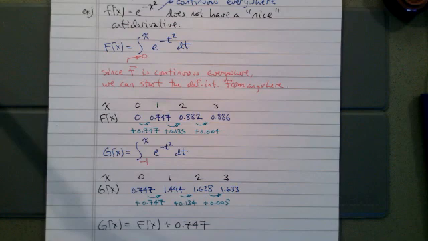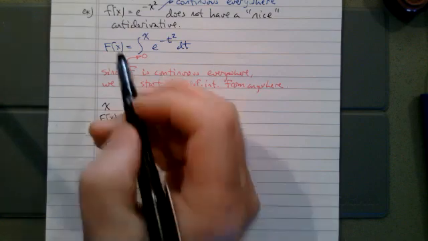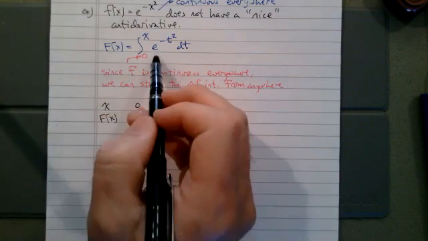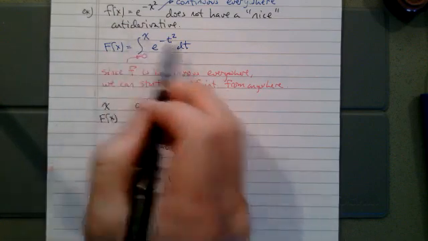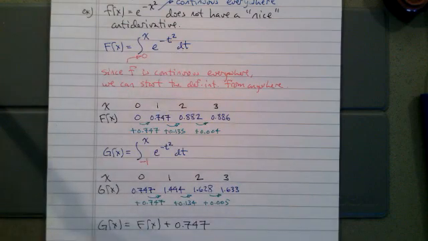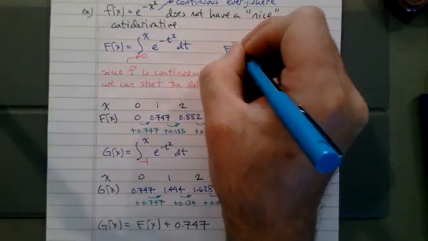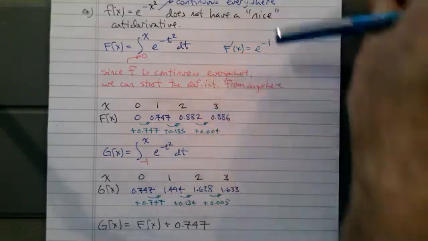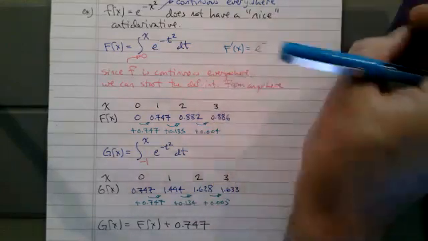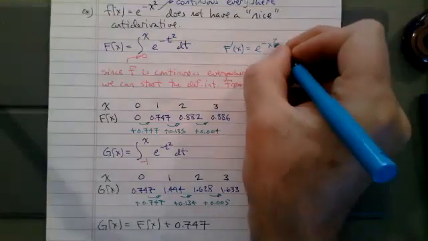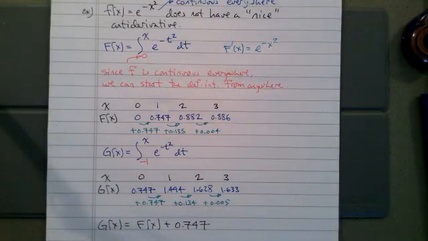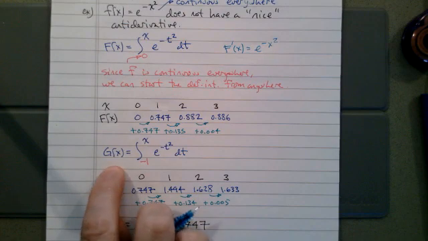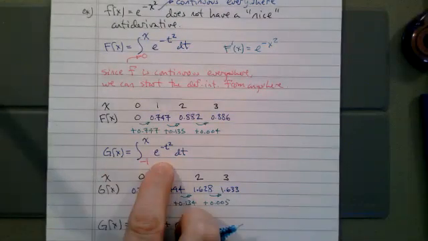Also, since we are constructing antiderivatives, since capital F is an antiderivative of e to the minus t squared, if I take the derivative of this function, capital F prime at x will just be e to the minus x squared. Similarly, capital G is an antiderivative of e to the minus t squared.